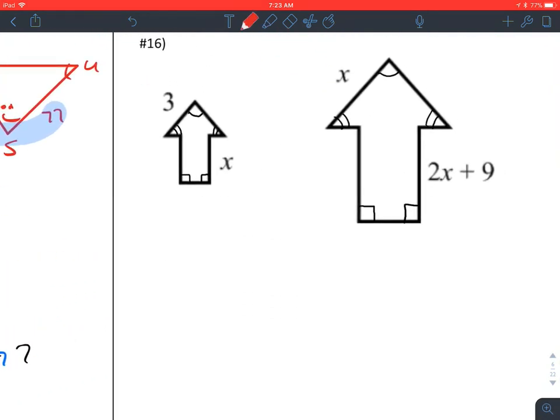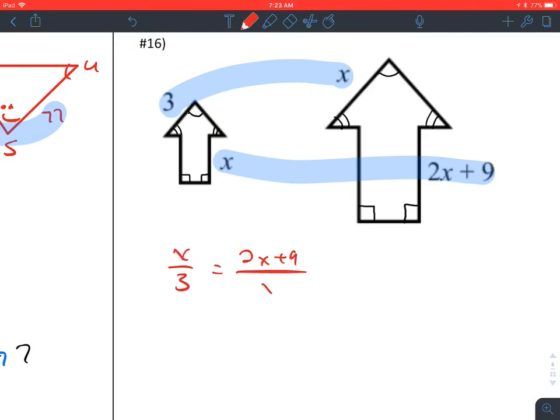16, arrows. Yummy. So corresponding angles are already in the same positions. x is to 3 as 2x plus 9 is to x. You can make this equation in different ways, but every time that you multiply stuff together, when your fractions are done, you should have the same thing.